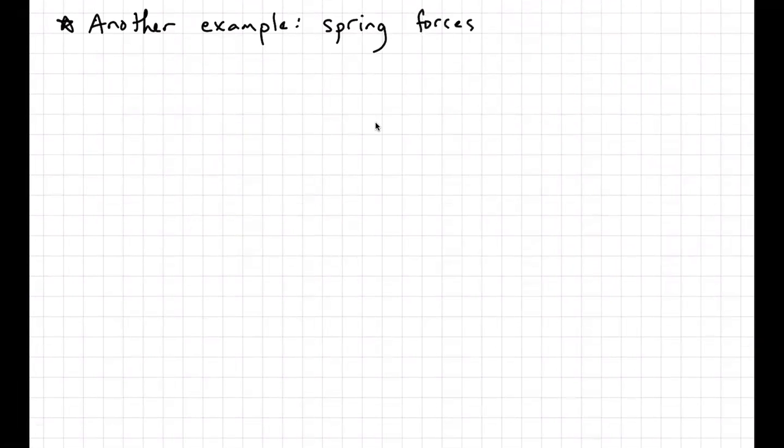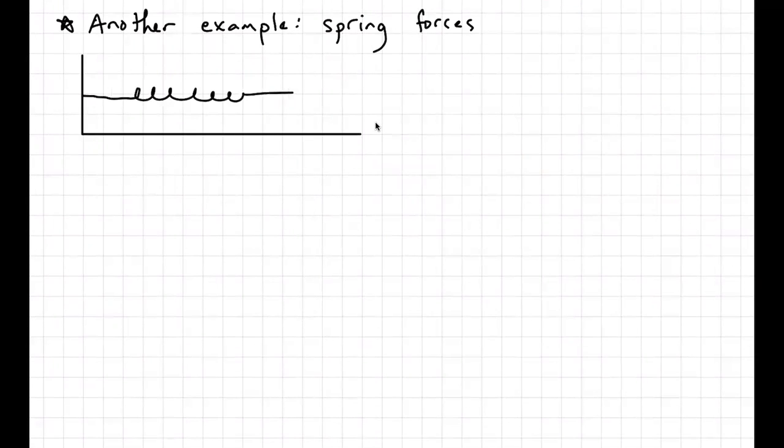All right, so let me draw another picture here. Let me say that there's a spring connected to a wall and also connected to a mass M. There's an equilibrium position for the spring, the position that the spring and the mass will naturally rest in.